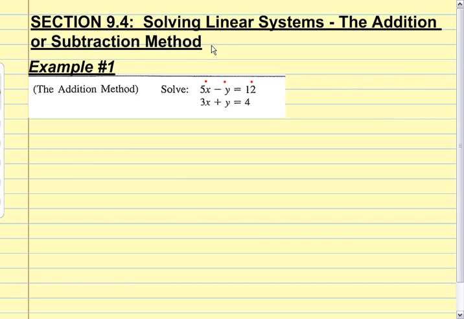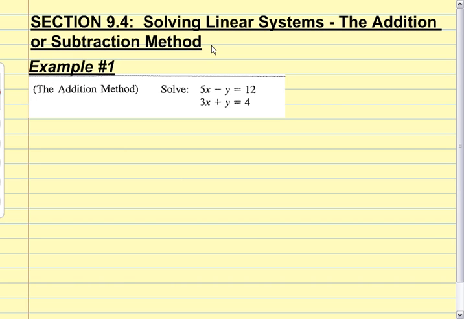Now, how do I know if I want to use the addition or subtraction method? Well, I'll tell you this. Look at each of the variables. In front of the x, there's a 5 and a 3, okay? Now, they're not the same. So what I'm looking for is the same coefficient or opposite coefficient in front of the variables, okay?